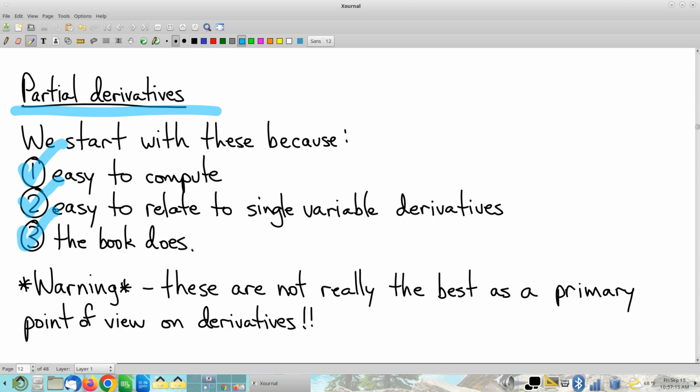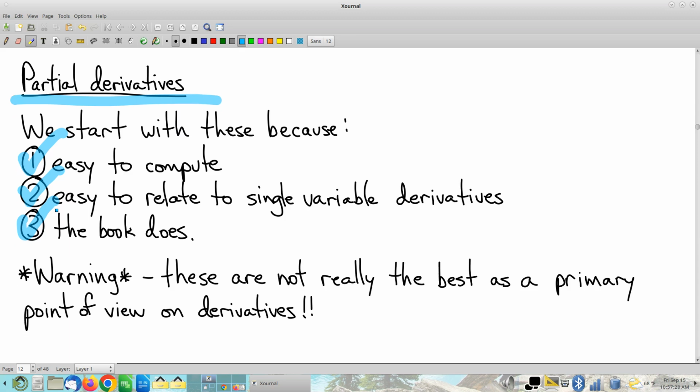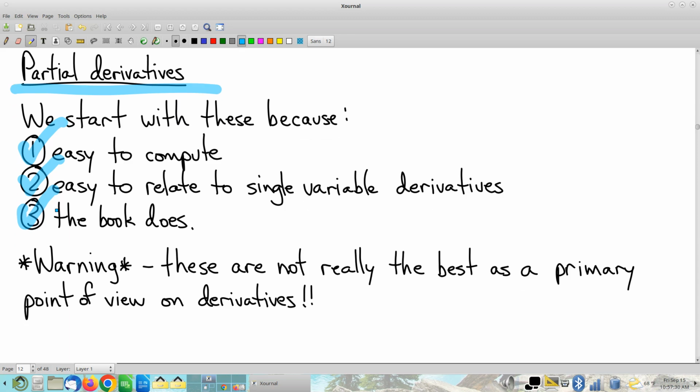It's too bad. But that said, I want to emphasize, none of these reasons says that partial derivatives are fundamentally the right way to think about differentiation. And in fact, it's not. So this is an important warning. Eventually, you're going to have a completely different point of view on what a derivative is than what I'm about to show you right now.